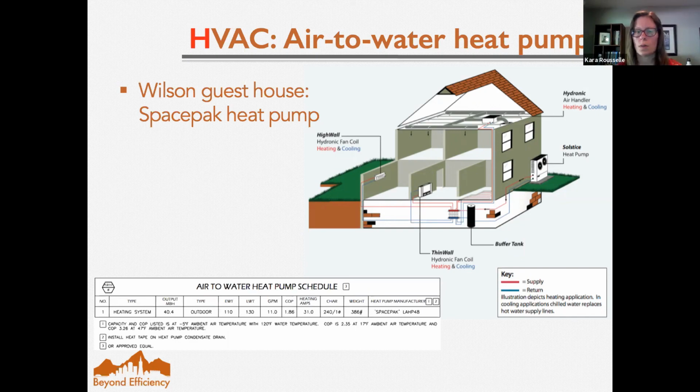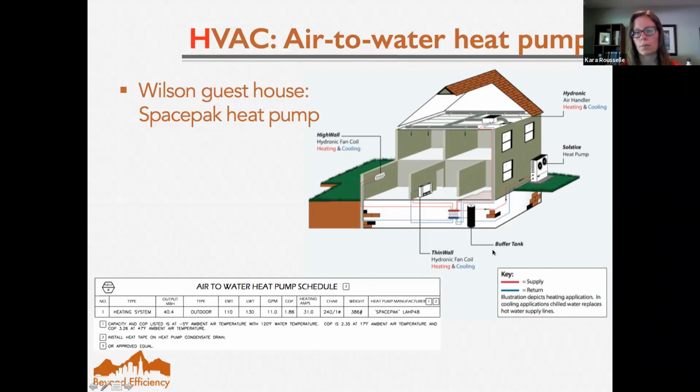So this one, because it is high performance for the whole guest house, the walls, the ceiling, the loads are low enough that we were able to use electric elements in the buffer tank to provide the backup heat, and then using controls that will handle that staging: when the heat pump isn't providing enough heat in that tank, it pulls on the electric element.